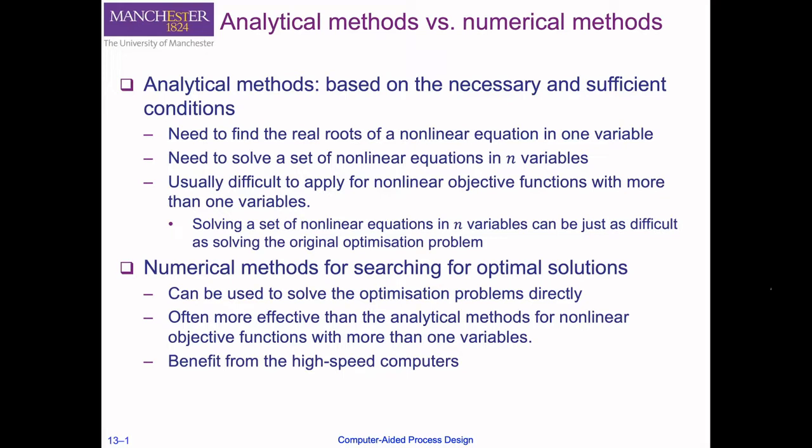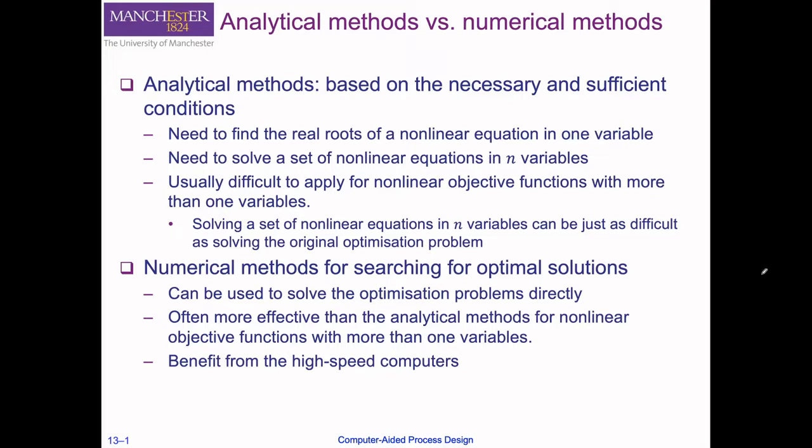The second reason is that when we solve constrained optimization problems, we usually convert them into unconstrained optimization problems. Then, the methods that are used to find the optimal solution for unconstrained optimization problems can be applied.